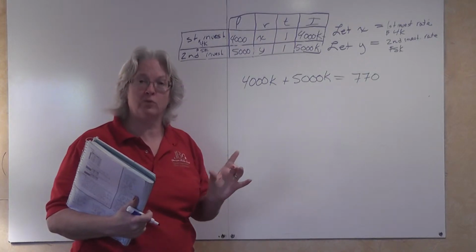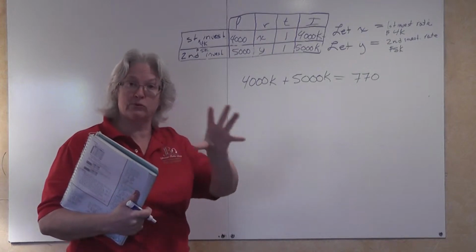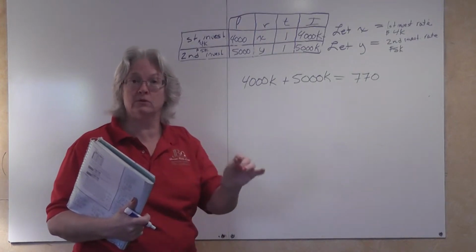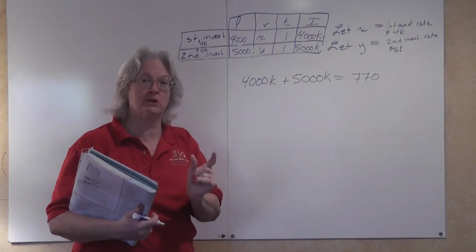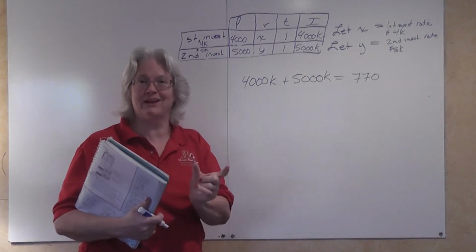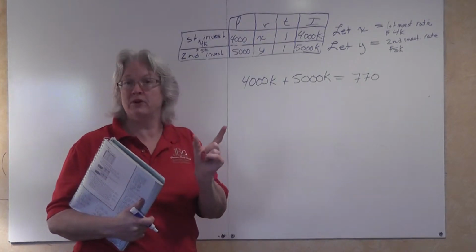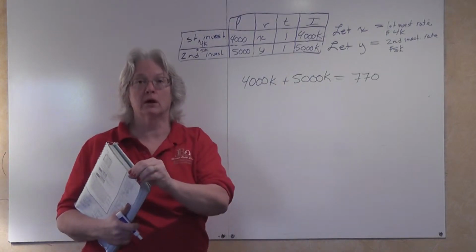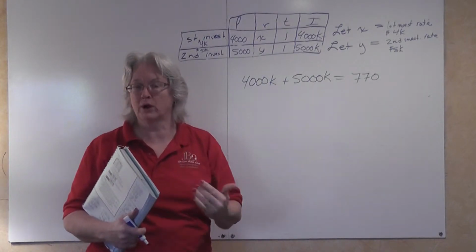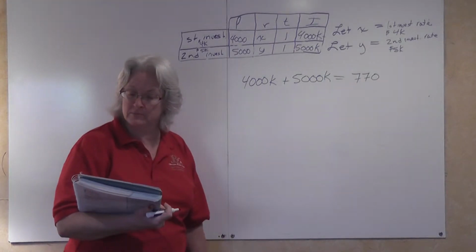Now there are a variety of ways that you could come up with an equation representing that relationship between the two interest rates. I'm going to go ahead and refer back to this book because I want to show you what their thinking is. It may be the very first place that many of you go, and you're thinking that's not what I immediately think. So let's go ahead and see what they come up with.